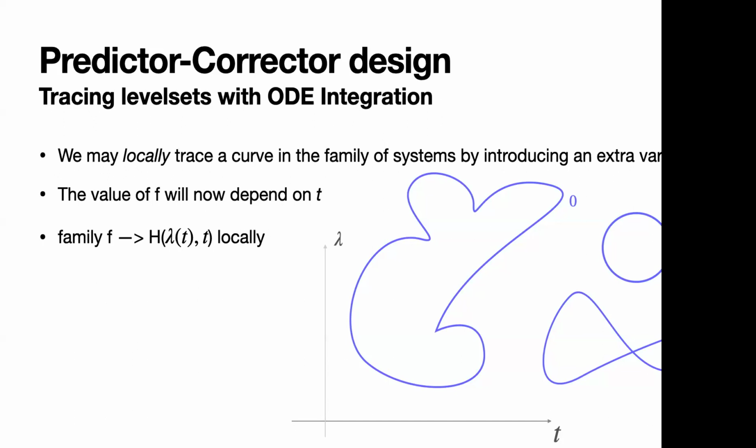The image plane is t lambda, and the value of h is going to be a surface coming out of it. And you want that to be 0. So you want to find where all these families parameterized by t intersect the lambda t plane.